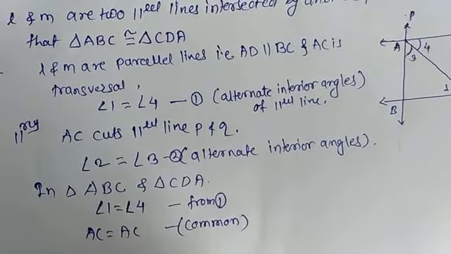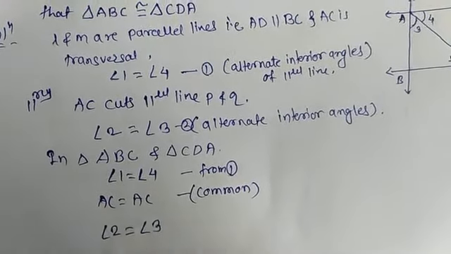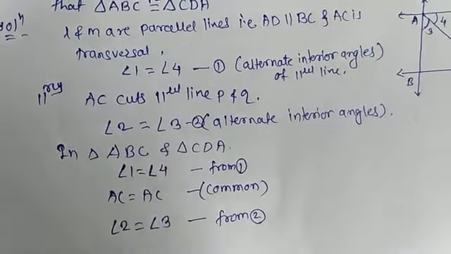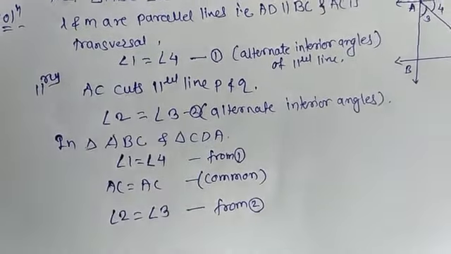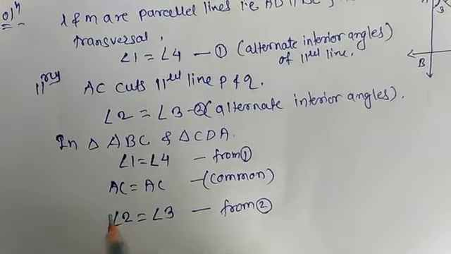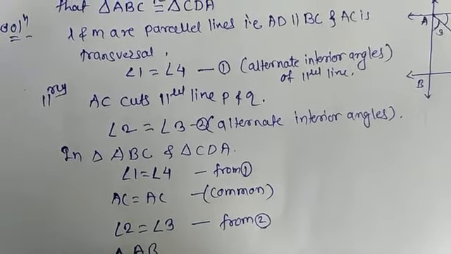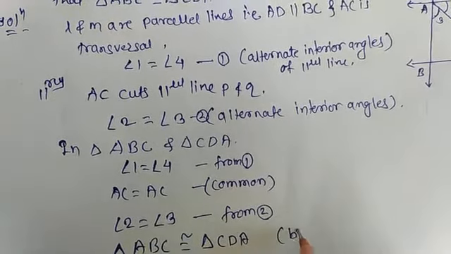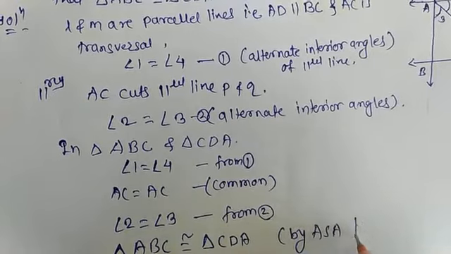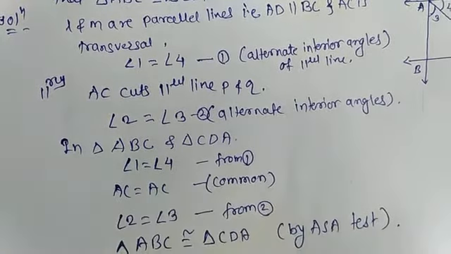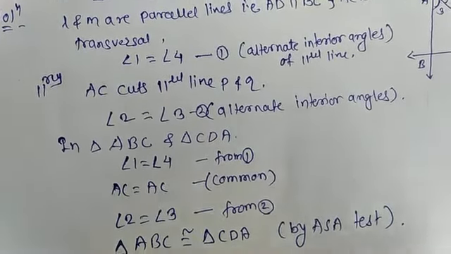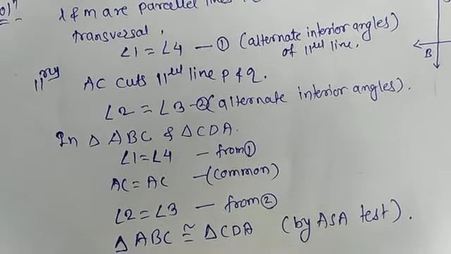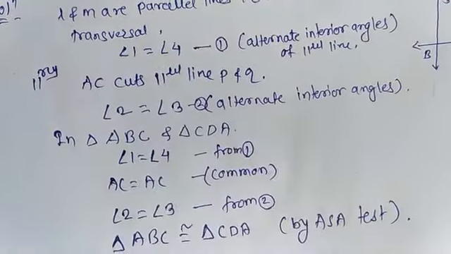And angle 2 is equal to angle 3 from equation 2. So, as two angles and the included side are equal, triangle ABC is congruent to triangle CDA by the ASA congruence rule, which is our required solution.